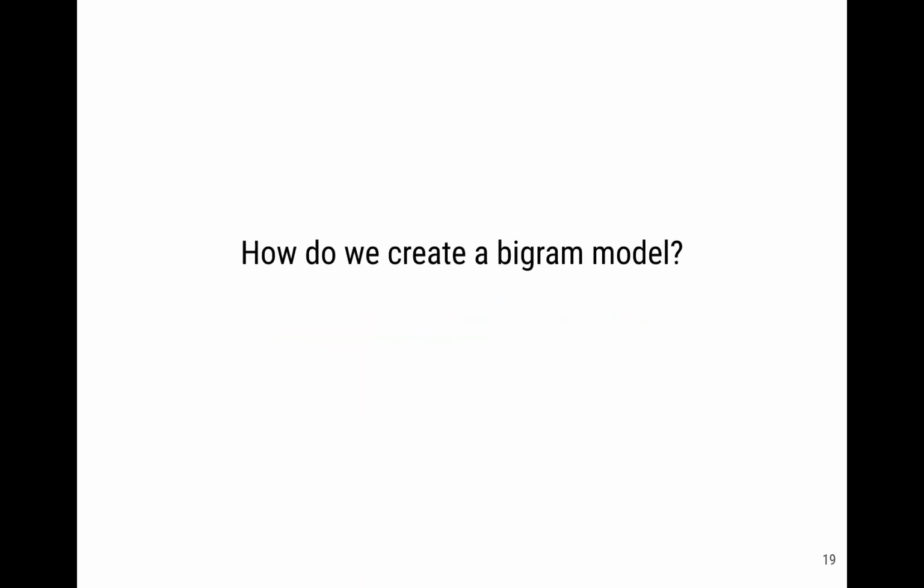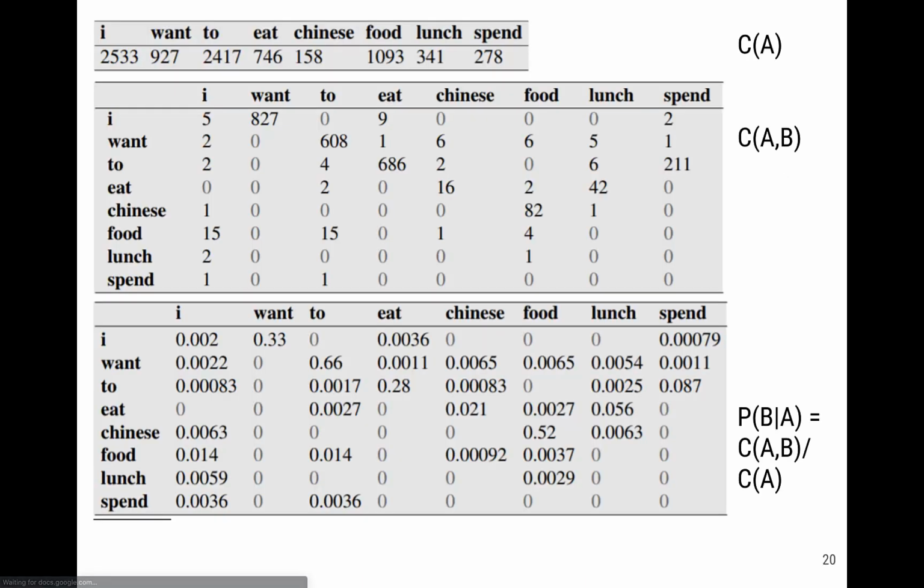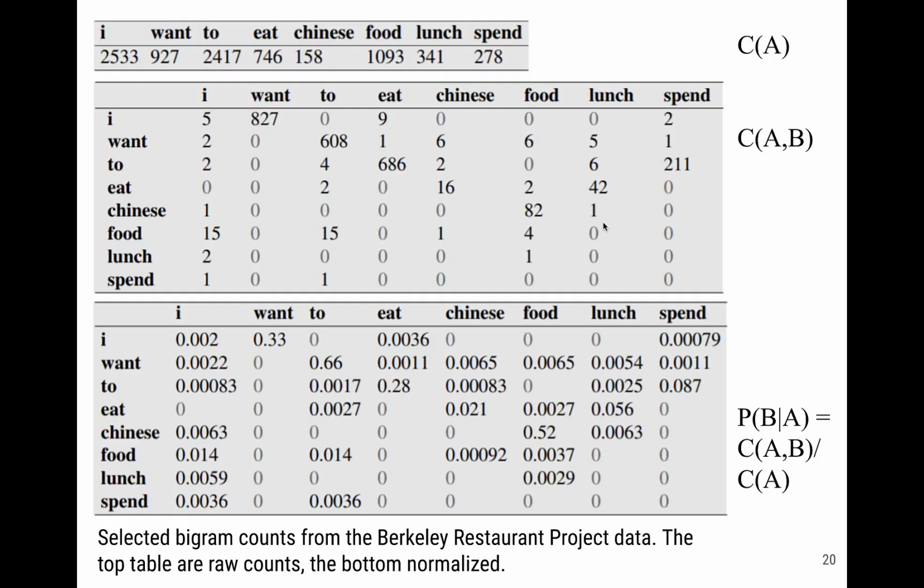So how do we create a bigram model in order to find these data? Okay, so here are some data from which we can infer a bigram language model. This is actually data from the Berkeley Restaurant Project, which Jurafsky and Martin refer to. This is a subset of that data. They've selected some words that have a pretty high co-occurrence rate.